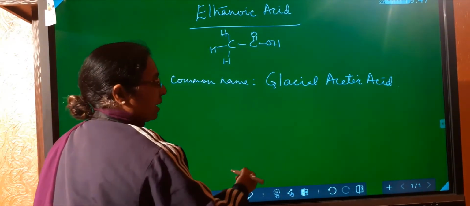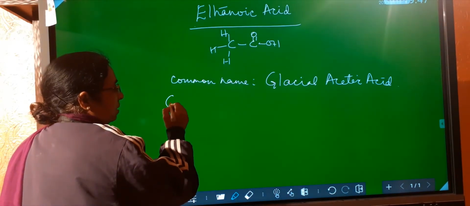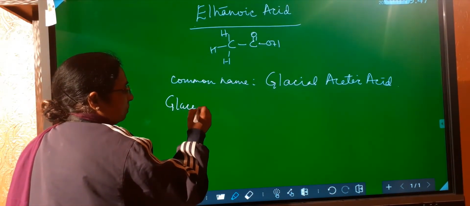Why do we call it as glacial? ग्लेशियल क्यों कहा जाता है?